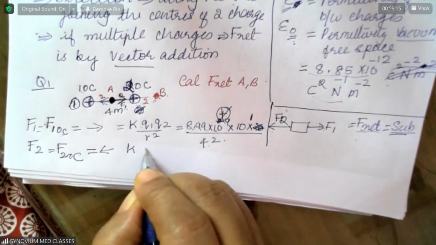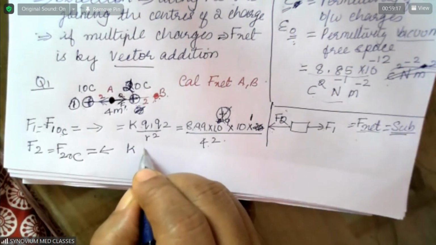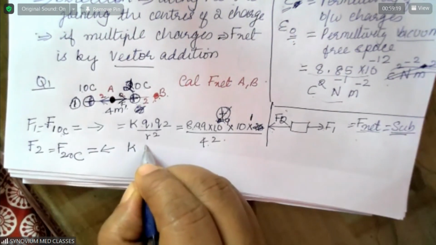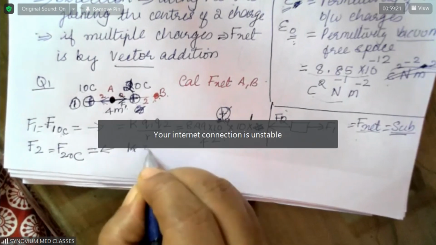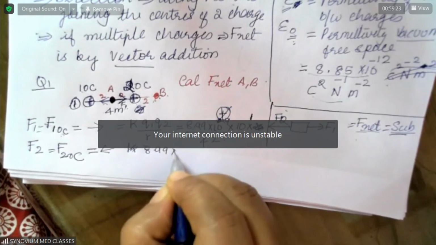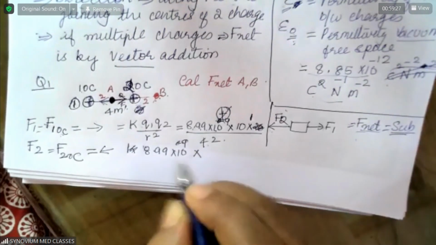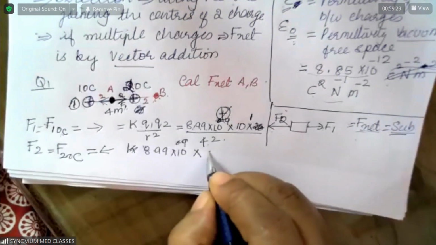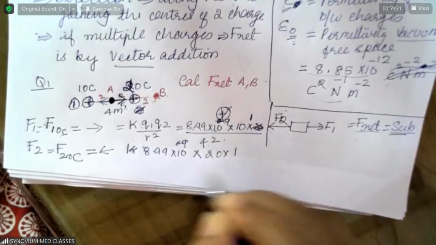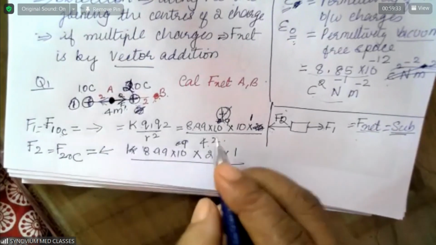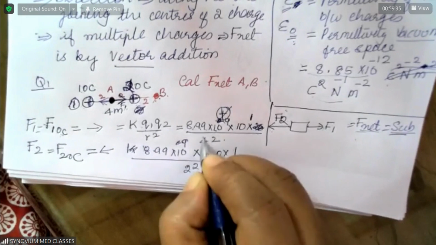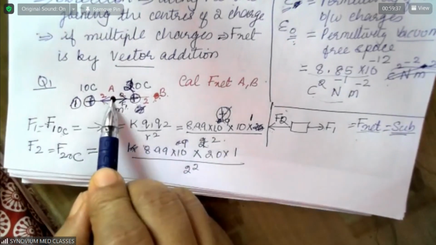Similarly, what is this one? K into Q1, so Q1 is 10. So 8.99 into 10 to the power of 9 into 10, and 1 divided by 2 meter squared, because you want to find the force over here.